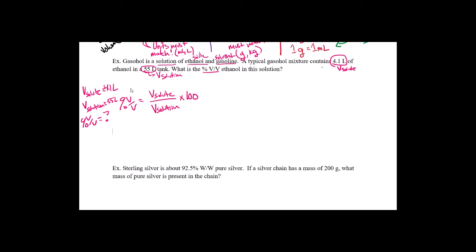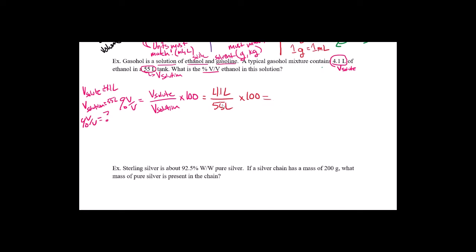So I don't need to rearrange my formula. I can plug in. My V solute is 4.1 liters divided by 55 liters times 100. I'm making sure to put my units in here because if they don't match, I have to convert one of them so that they do match.